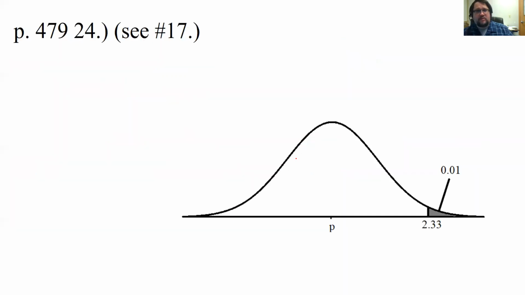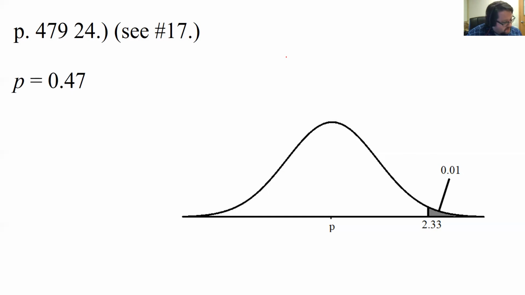So let's see, number 24 asks us to see number 17. So let's go to 17. Reports say that 74% of the general consumer population in the United States is loyal to an automobile manufacturer of their choice. So P equals 0.74.